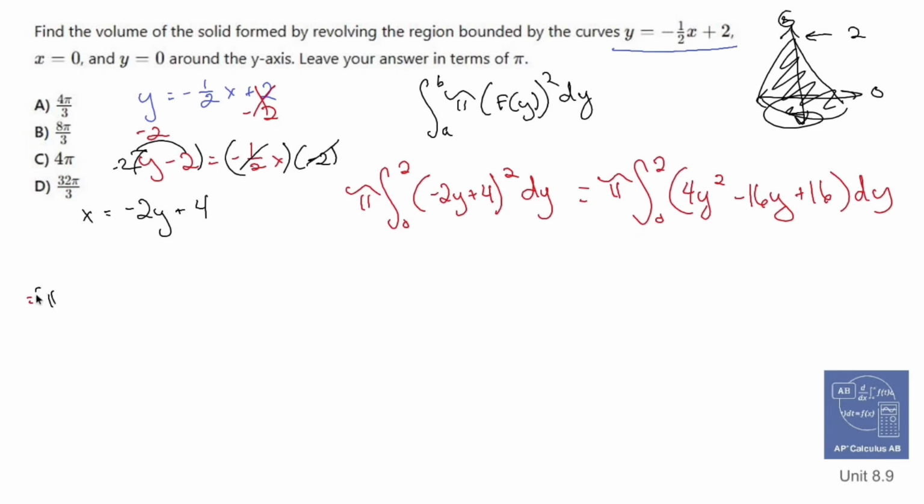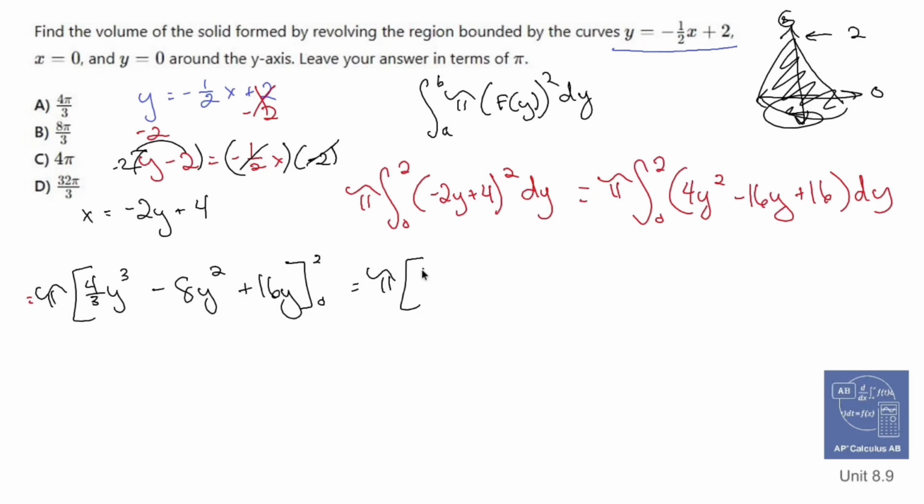Now let's actually integrate that. 4y squared becomes 4/3 y cubed. Negative 16y becomes divided by 2, 8y squared, and 16 becomes 16y, with my limits living at 2 and 0. Let's plug in 2.